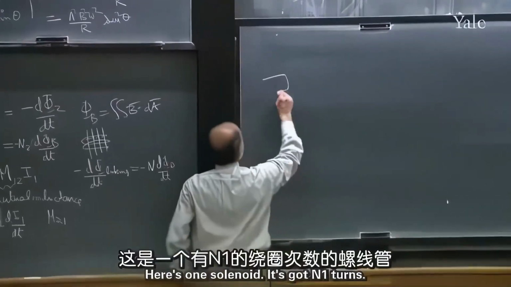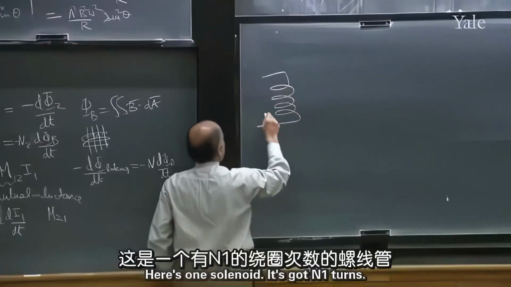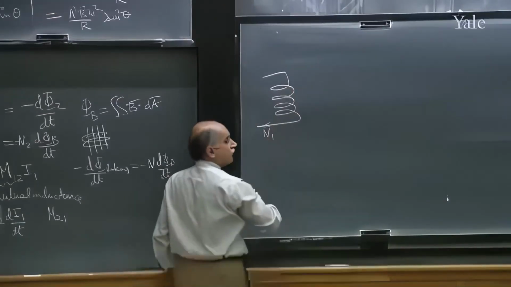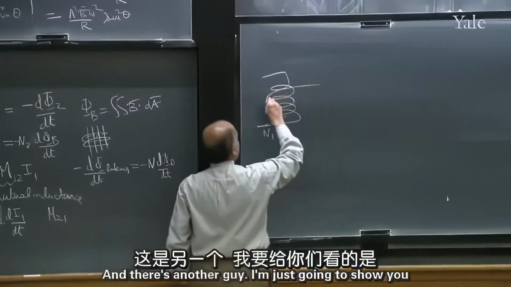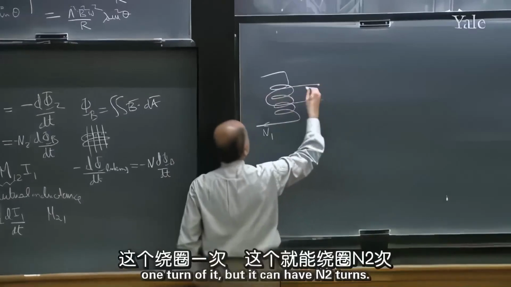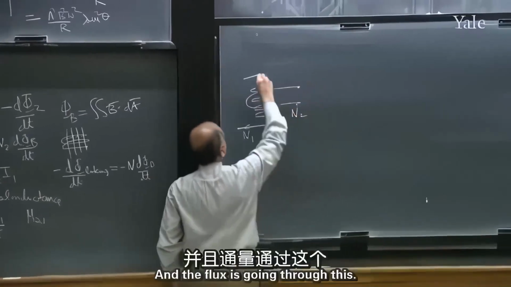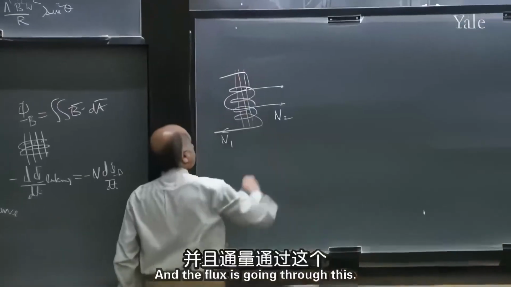So here's one solenoid. It's got N1 turns. And there's another guy. I'm just going to show you one turn of it, but it can have N2 turns. And the flux is going through this.